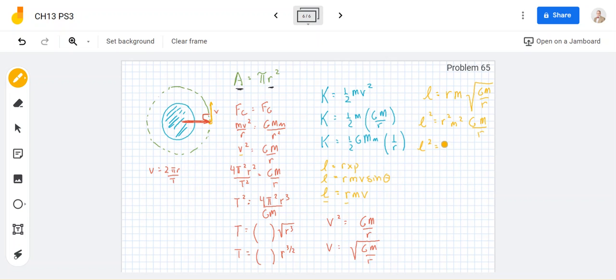So L squared is equal to R M squared G big M. If I square root now, so L is dependent upon root R. That's interesting. I didn't see that coming. Okay, that's it.